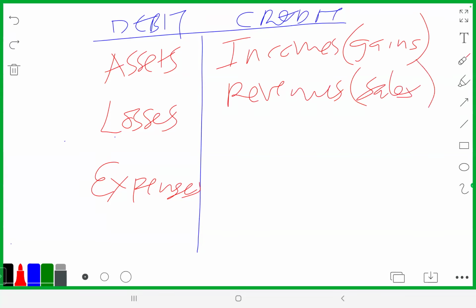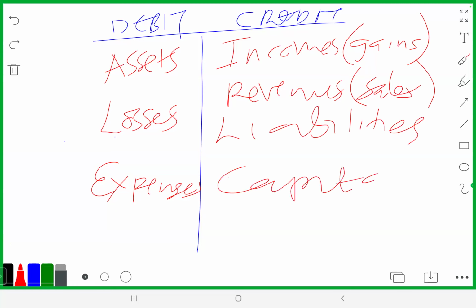Sales is credited. All the liabilities. Write down this, this is very important. And the capital. These are the elements that are credited on the trial balance as well: incomes, revenues, liabilities, and capital.